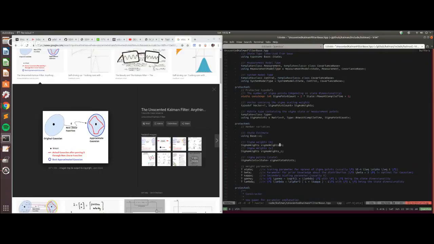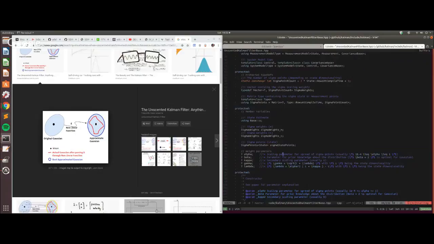We have weights that we're going to use for the mean, and then we have weights that we're going to use for the covariance update. And now here, these are parameters for the unscented Kalman filter algorithm.